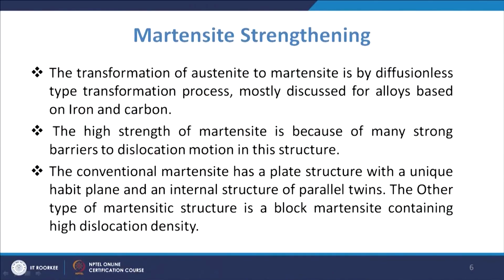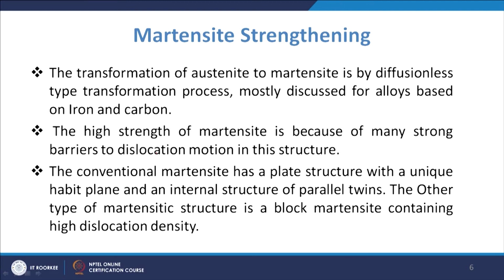Next, we were discussing martensite strengthening, and we know very much about the term martensite. Whenever the word martensite comes in, we know that we are talking about an extremely hard phase. For many systems the martensite transformation is dealt with, but mostly it is discussed for alloys based on iron and carbon.